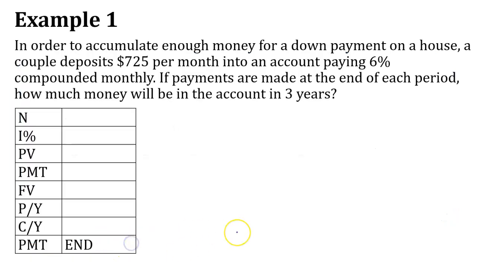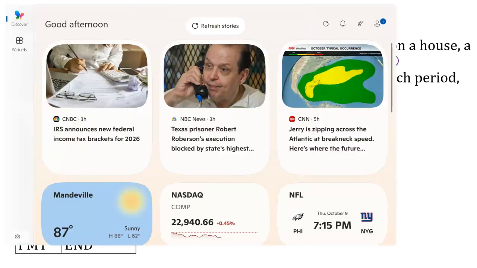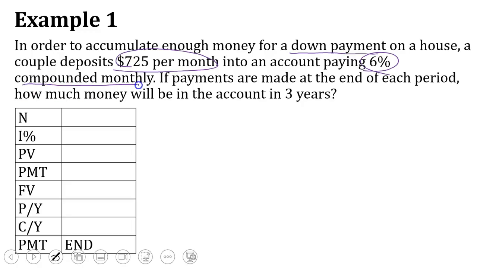My first problem: in order to accumulate enough money for a down payment on a house, a couple deposits $725 per month into an account paying 6% compounded monthly. If payments are made at the end of each period, how much money will be in the account after 3 years?